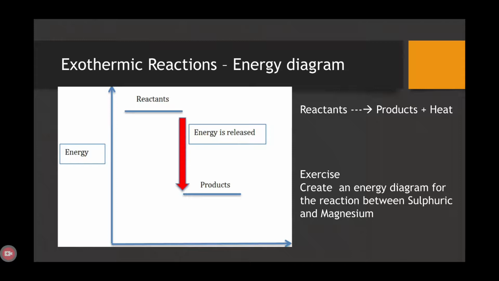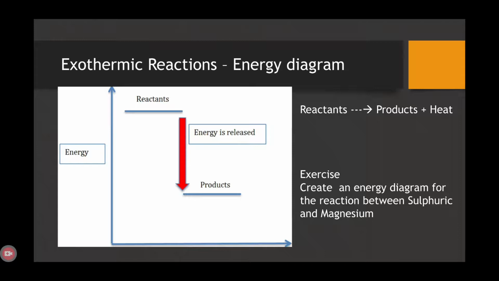When an exothermic reaction is happening, the energy is released to the environment. Then after releasing the energy, products contain less energy than reactants. So we draw reactants higher than the products.